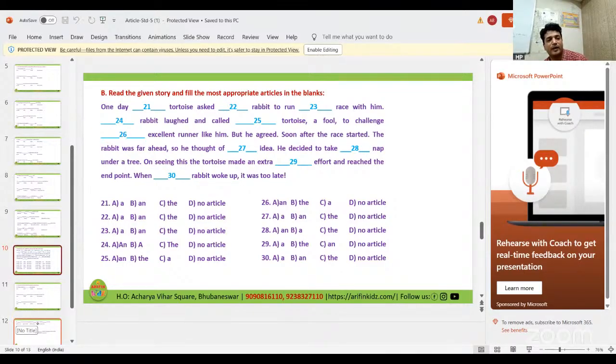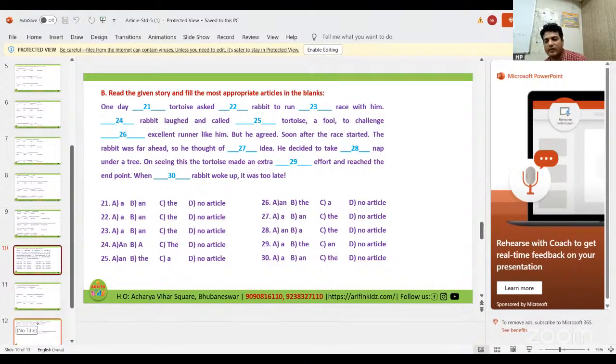We have to place appropriate articles in each of the blanks. Can you tell me which article to place in the paragraph we have?